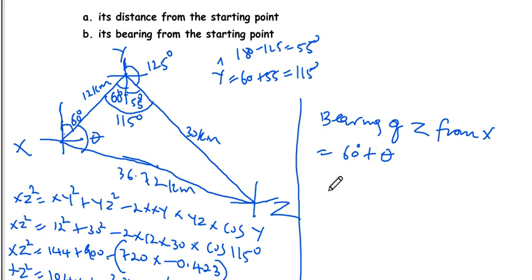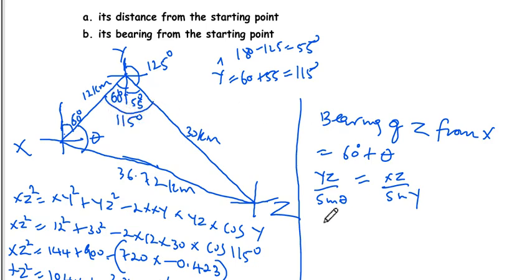The sine rule states that YZ over sine theta is equal to XZ over sine Y, that's this side over the sine of the angle facing it.